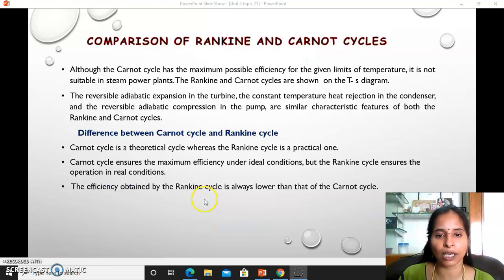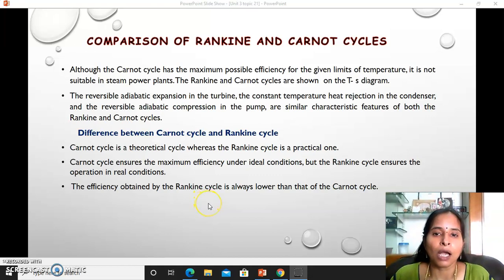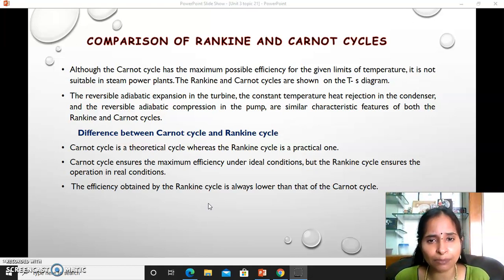Now you know very well that the Carnot cycle is the only ideal cycle which has the maximum possible efficiency, an extraordinary performance for the given limits of temperature.